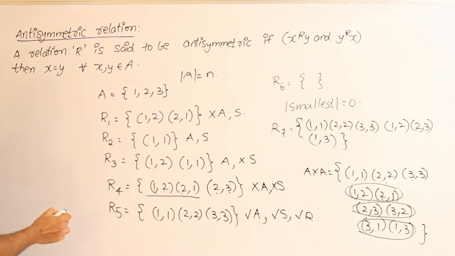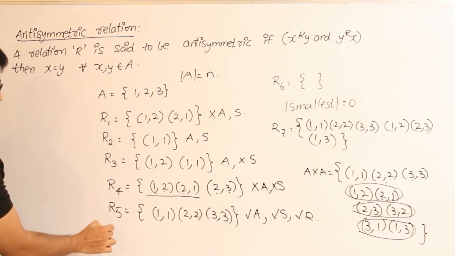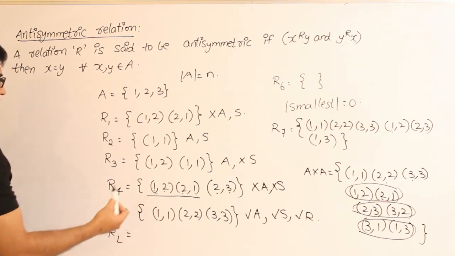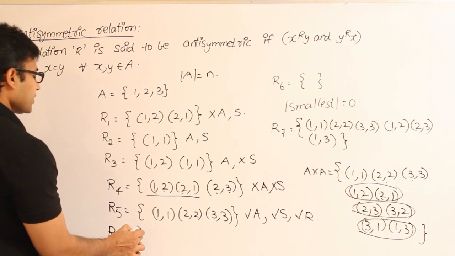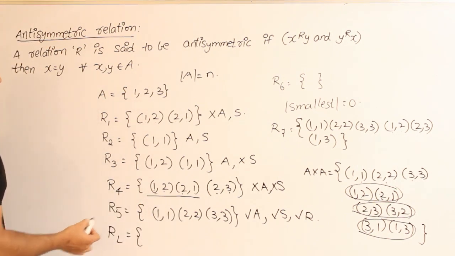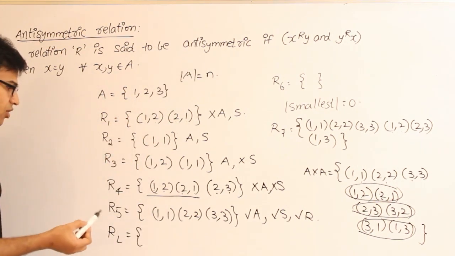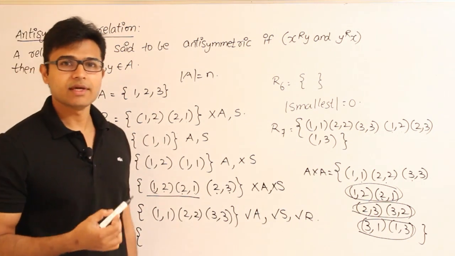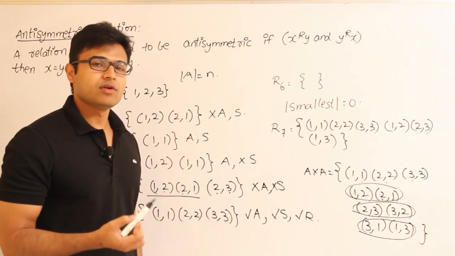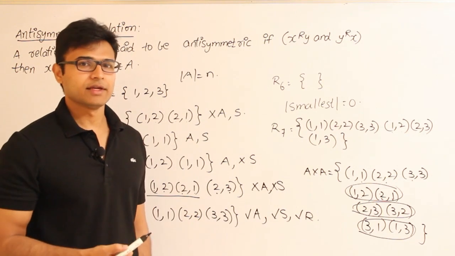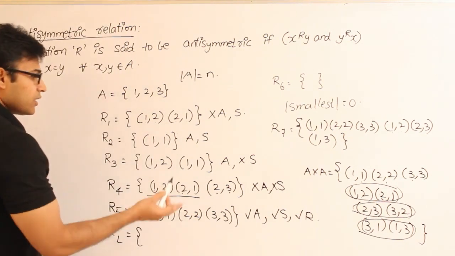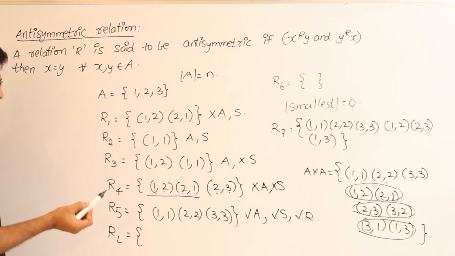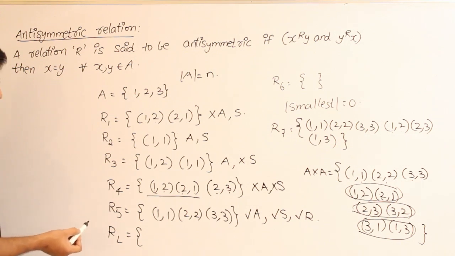I am trying to form the largest relation which is going to be antisymmetric. See, if you have n elements, then the total number of ordered pairs on A cross A is going to be n square, right? Now out of these n square elements, some are diagonal elements, so you include all the diagonal elements in the relation, because including them does not alter the definition, right?